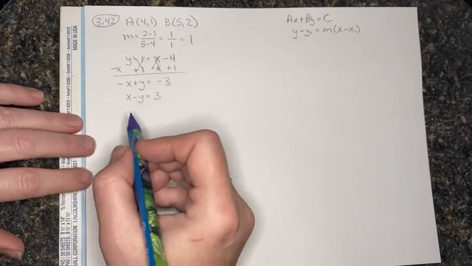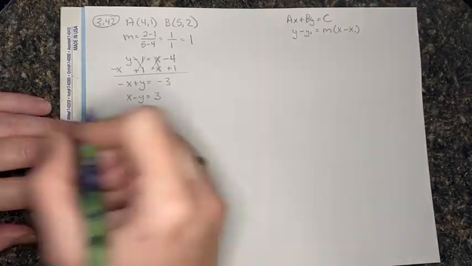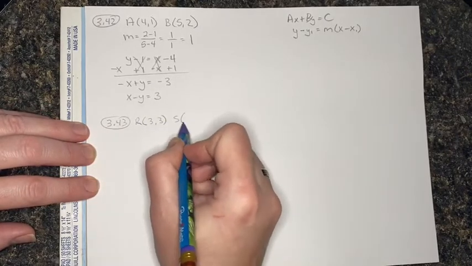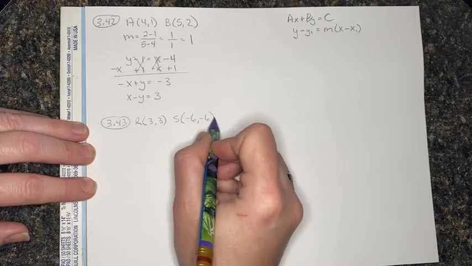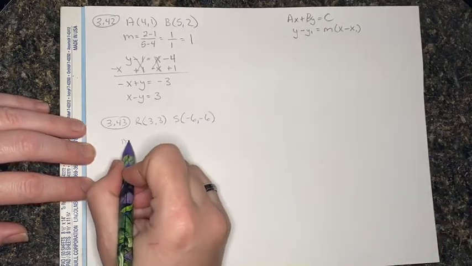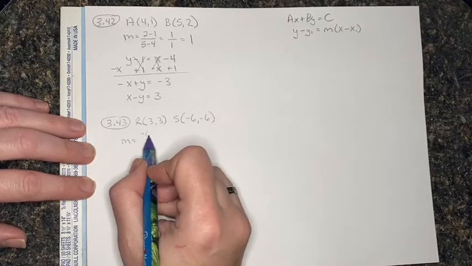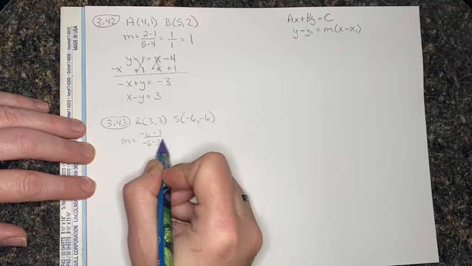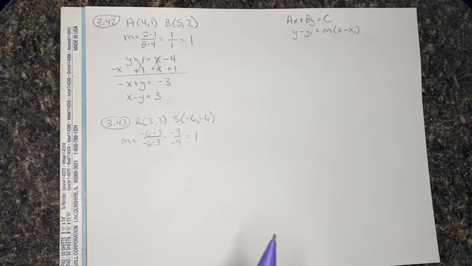Let's look at 343. Okay, 343 gives us point R at 3, 3, and S at -6, -6. Again, first things first, we need to know our slope. So our slope is going to be -6 minus 3, okay, over -6 minus 3, which is -9 over -9, which again is a slope of 1.